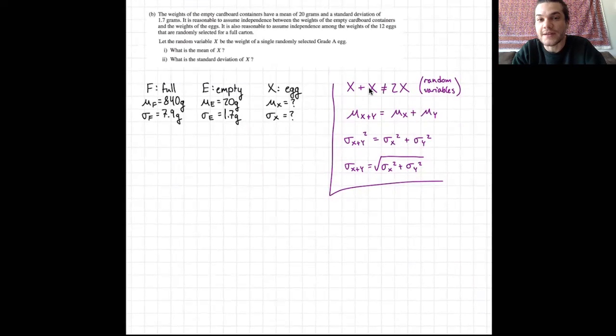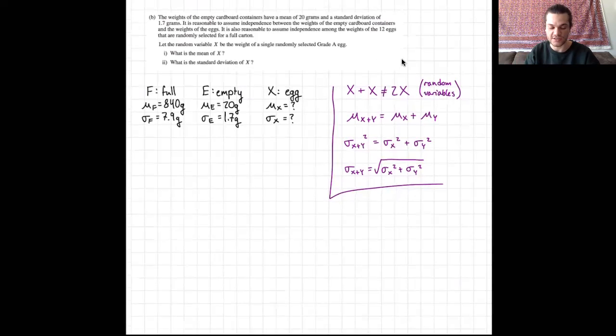My favorite way to talk about this would be the difference between rolling 2 dice and adding them together, which would be X plus X, but 2X would be taking 1 die, rolling it, and then doubling that value. So those are clearly 2 different distributions. So when it comes to random variables, we can't just do our old algebra rules. You have to be more cautious.